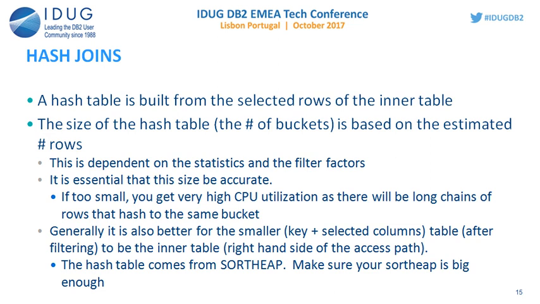So your statistics and your filter factors have to be very accurate. If you're off by a factor of 100 or 1,000, you could end up with very high CPU utilization. So that's another case where you have to really look at your estimates from your explain, and if necessary, do something to improve those estimates.